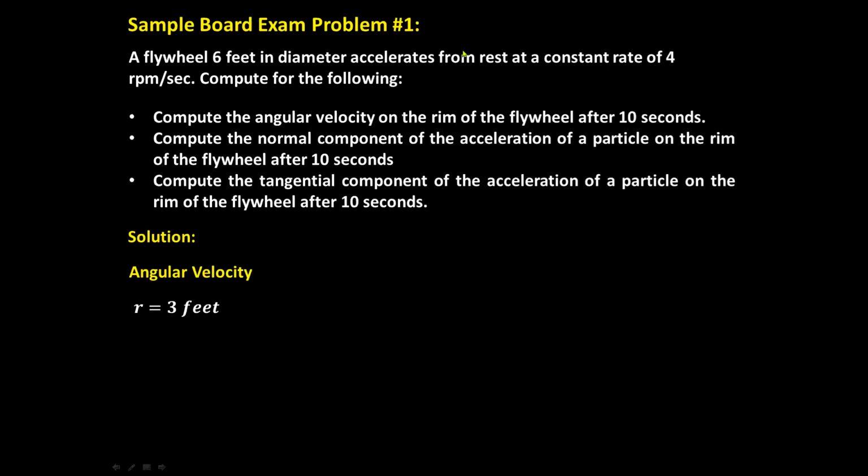Ano kaya yung dahilan? Bakit 3 feet ang R? Why is it the radius of the flywheel in a circular motion is 3 feet? Meron bang 3 feet na given sa problem? Meron bang nababasang 3 feet sa given problem?